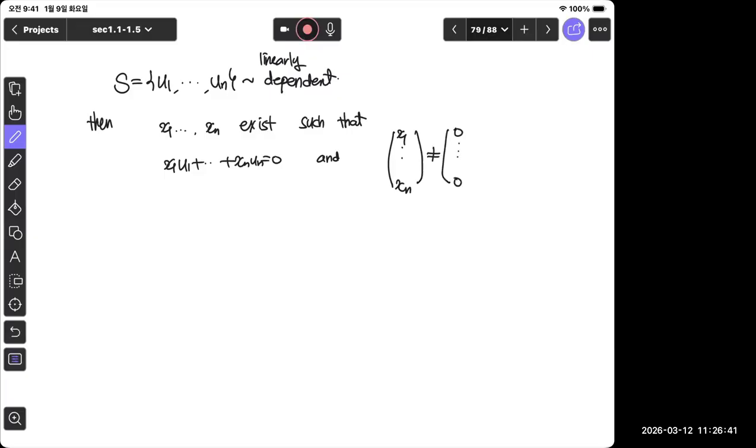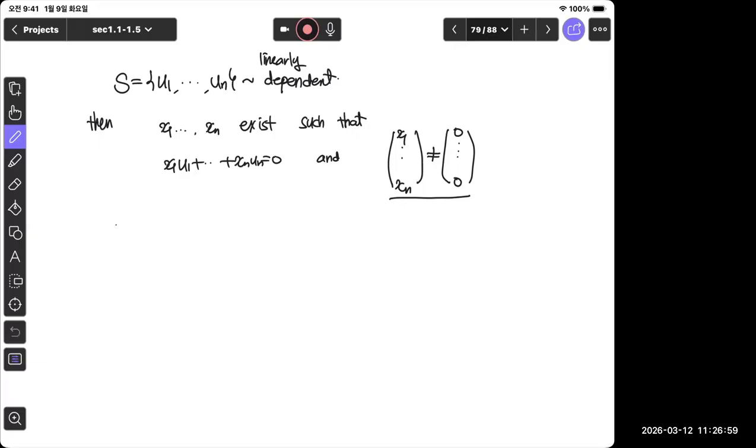So this vector of x1 up to xn is not the 0 vector, so that at least one of them is not 0. Okay? So at least one of the numbers in these n values is not 0.